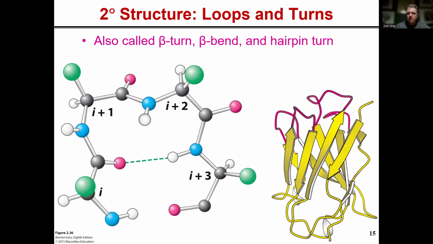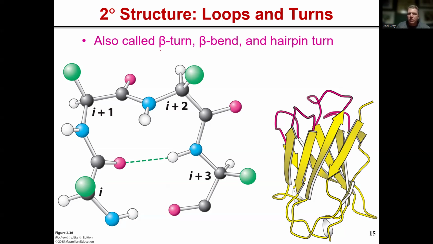Now, this third group of structures, these turns and loops, are organized and ordered, but they're a little bit less organized than beta sheets and alpha helices. They're still relevant, they're still important, but what I want you to know is that they exist and that there is a little bit of a pattern to them.